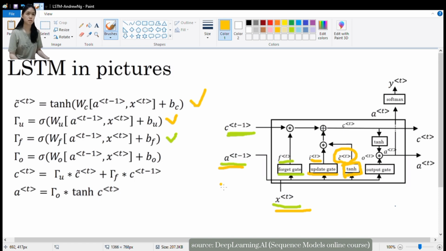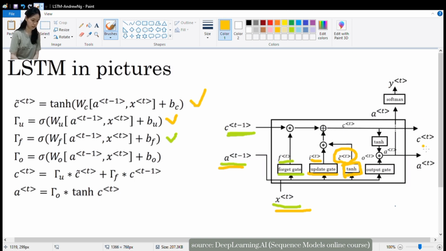So the intuition is this: you have the memory cell from the previous time step, and then you get another data. After getting new data, you would create a new memory, right? The new memory is the C tilde of t. And then you want to combine the current memory and the previous memory. So that's what happens here.